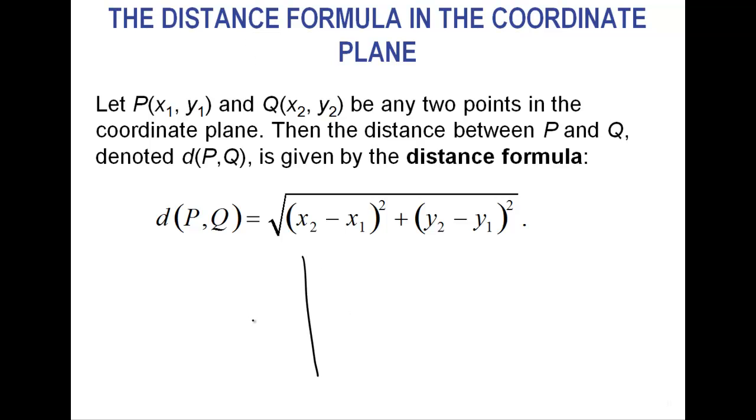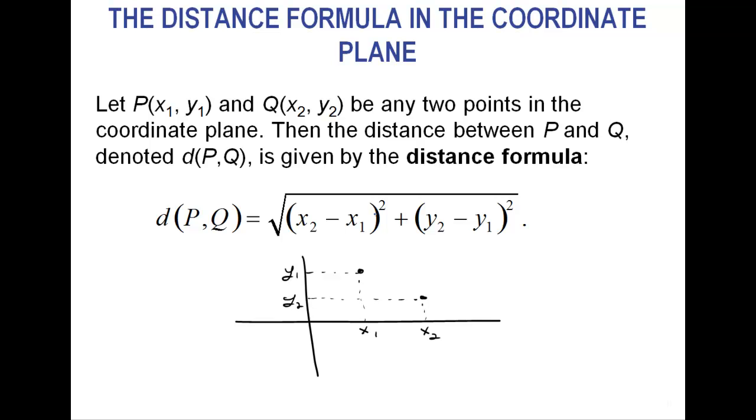Because if we have our coordinate plane and we have a point here and here, and this is going to be x1 and this is going to be x2, the locations. And then we come over here, this is going to be y1, that's going to be y2.